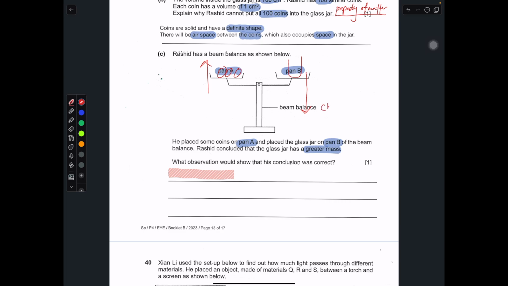The one that went down is heavier. The one that went up is lighter. Lighter means that it has less mass. The one that is heavier has more mass. So hand B will move down. This is the observation. It's just an observation question. You don't have to explain. Just tell me what you will see.